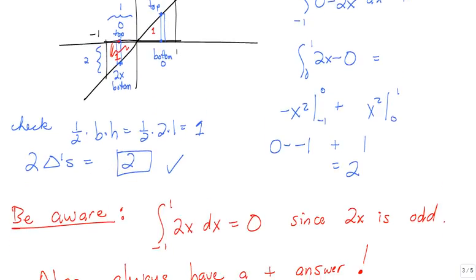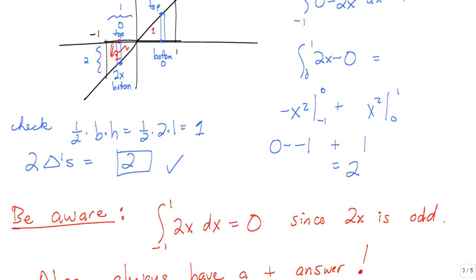But you have to be careful, because if you just integrated 2x from -1 to 1, you get 0 since 2x is odd. So since we're finding the area between the two curves, and we want the total area, we have to separate it out, because the top function changes when you move to the right. You get different tops and bottoms.